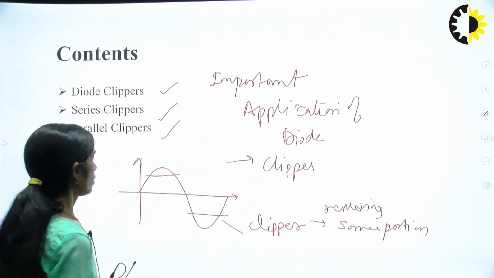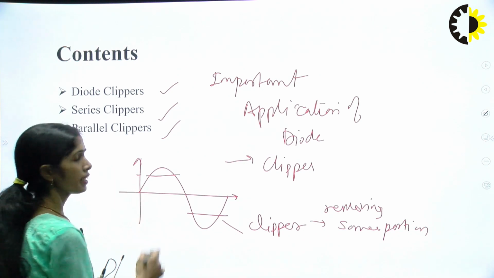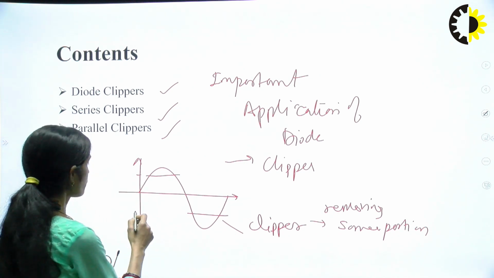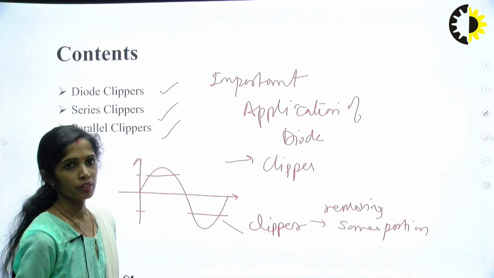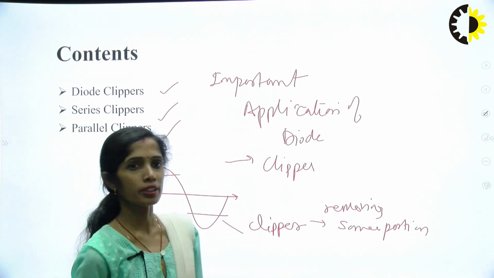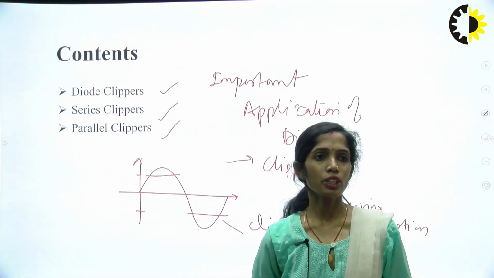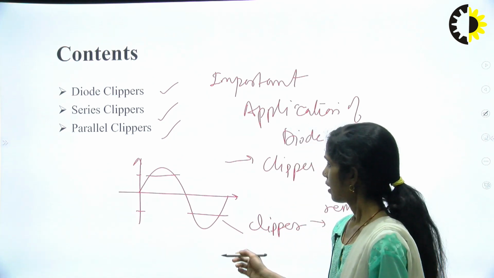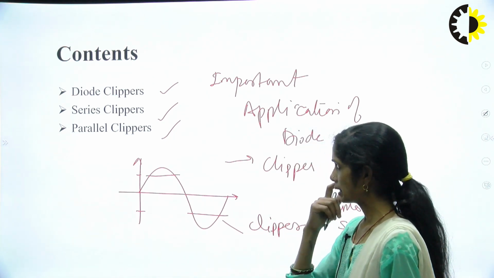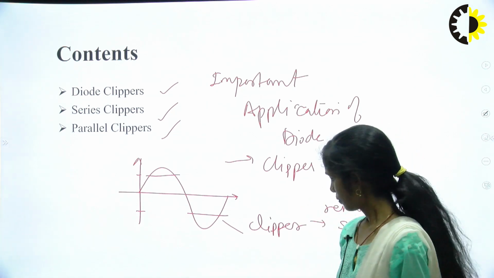In this, we can set any reference point at which we want to remove the signal. This can be utilized in various important applications in the communication field, in radio applications and different applications of electronics equipment. So, we are going to discuss the basics of clipper.